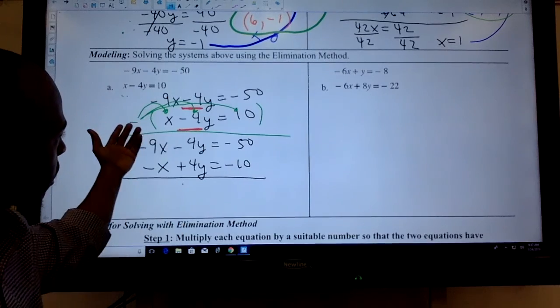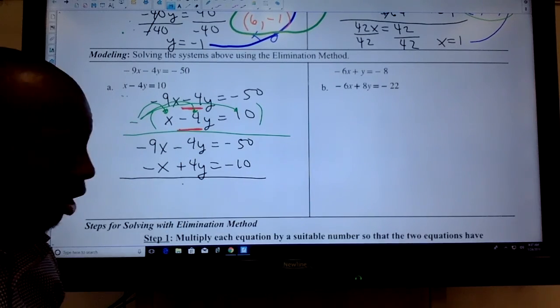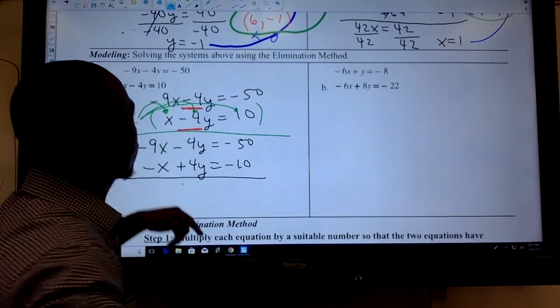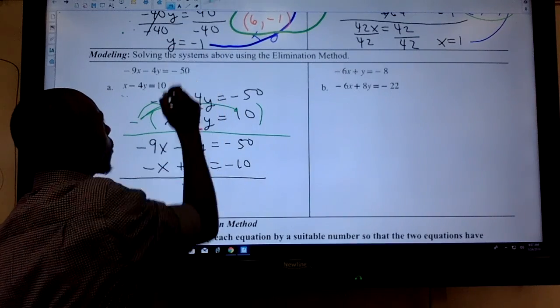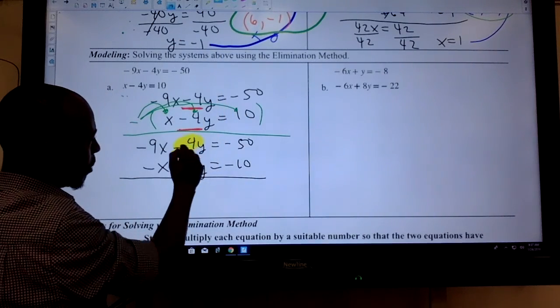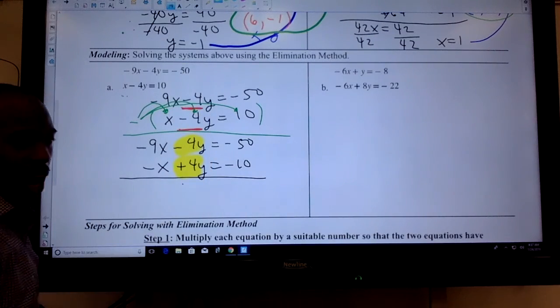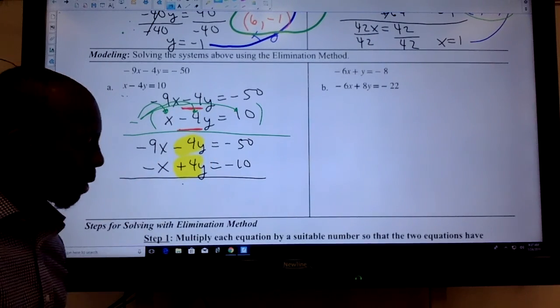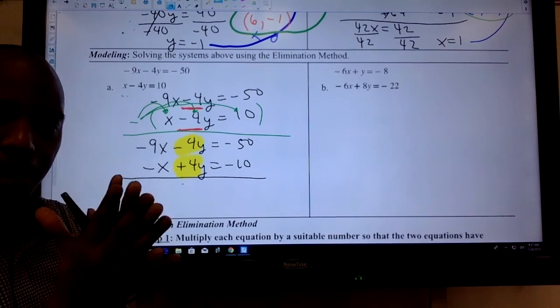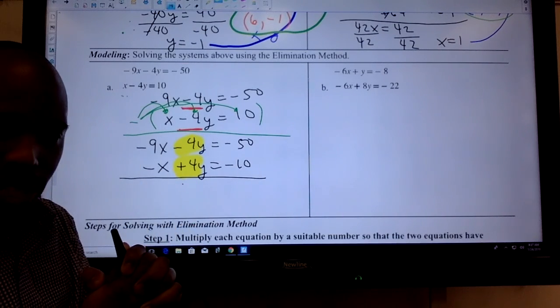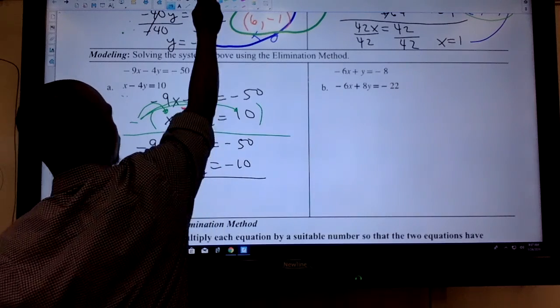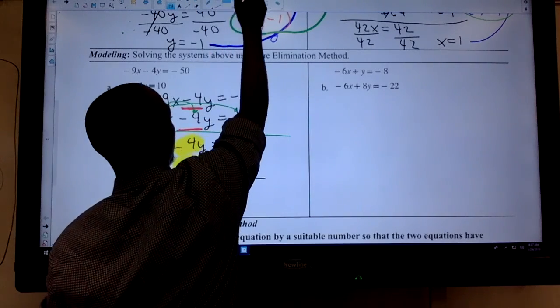So after you change the second expression, to make sure you have opposites, notice that these two are opposites. That's our goal. Our goal is to make sure they are the same at first, but then they eventually turn into opposites. One is negative, one is positive. Because now when I go to add them together, this is what happens, which is what we want.